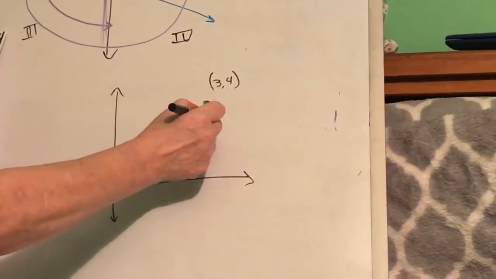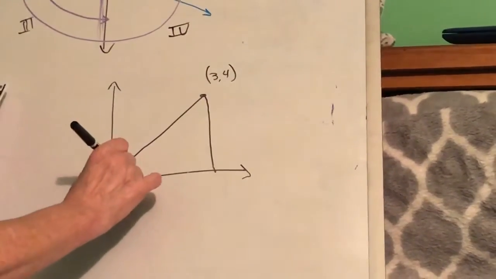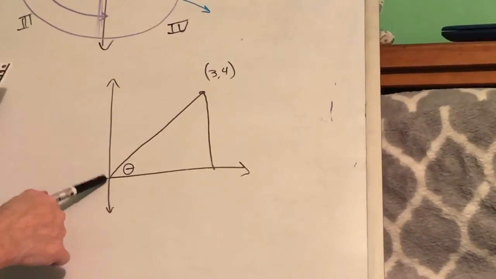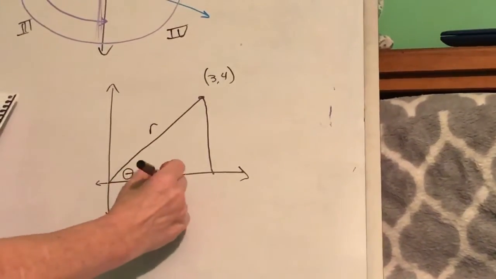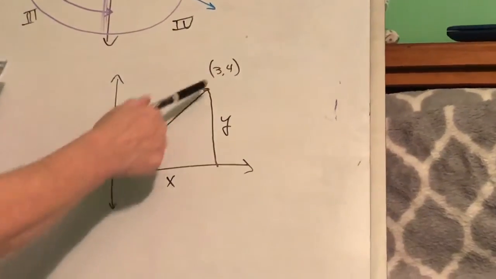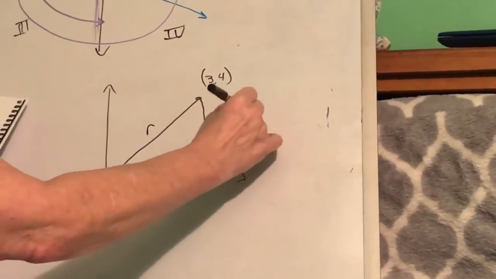We're forming the triangle by drawing to the x-axis. Theta, my reference angle, is always here at 0, 0. This is going to be my radius. This side follows the x-axis, and this follows the y-axis. So x in this case is 3, and y is equal to 4.